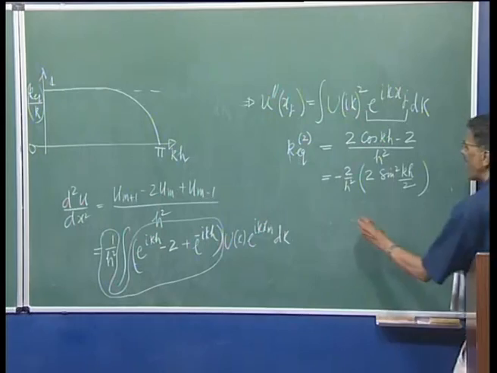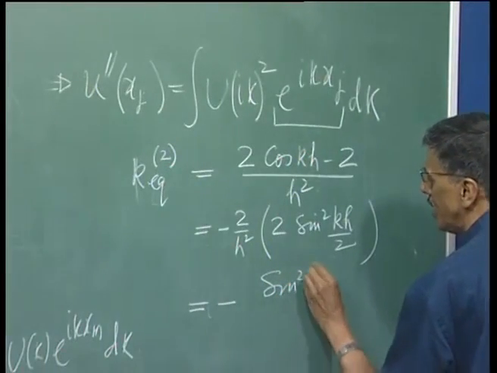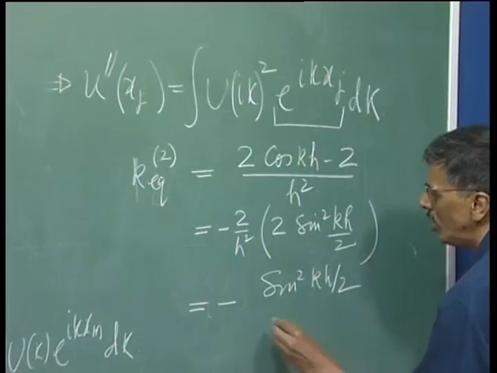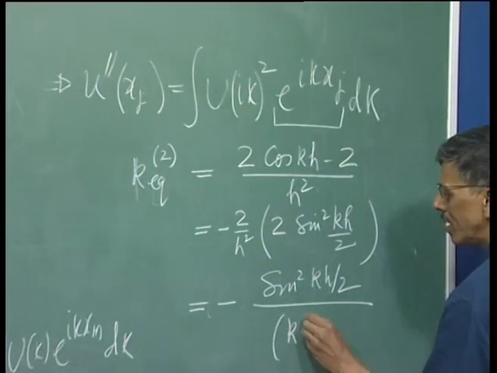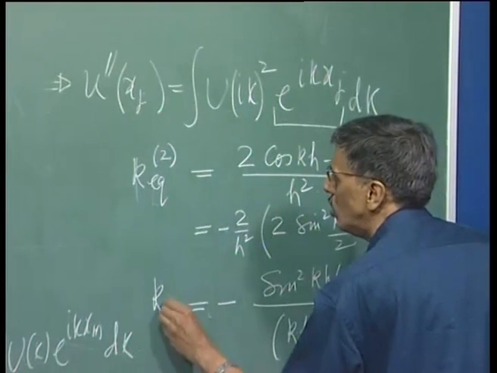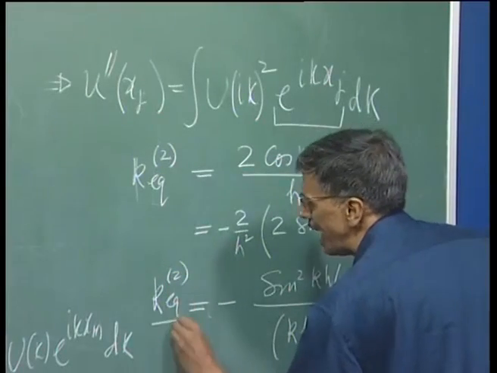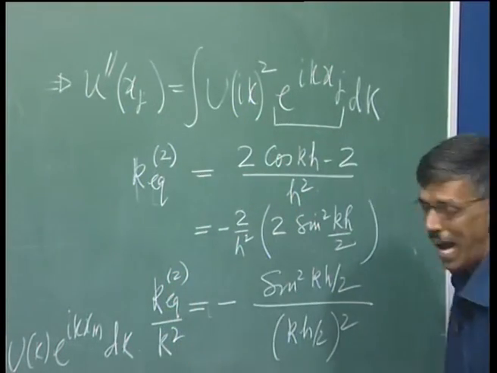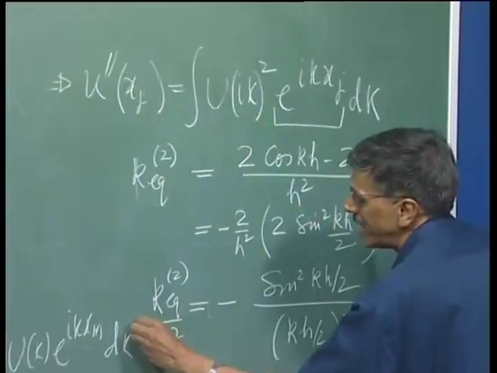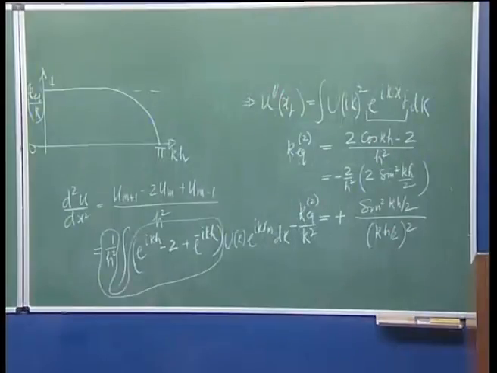So, what I am going to get is basically nothing but sin square k h by 2 divided by k h by 2 whole square. If I decide to divide this by k square, and I would do it because there is a minus sign here, I will put a minus sign here and make this plus.